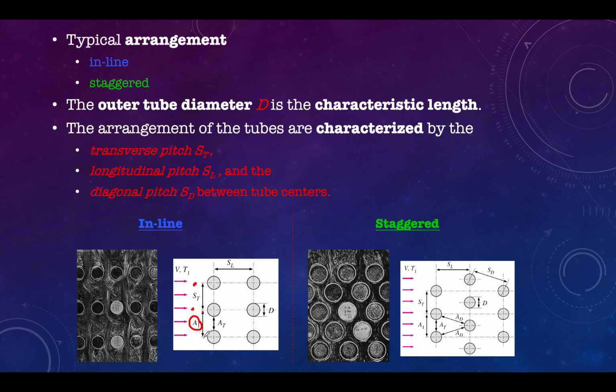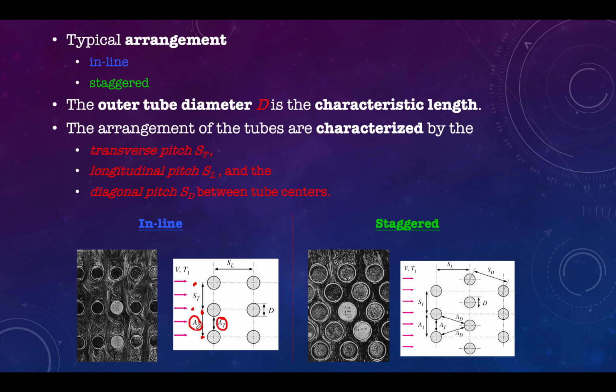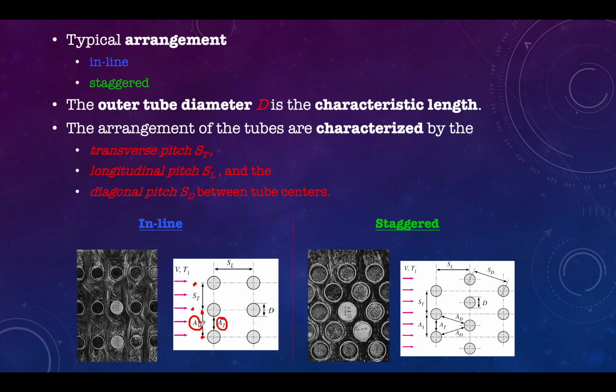As the fluid enters the tube bank, the flow area decreases, so A1 is much bigger than AT. Thus the flow velocity increases between the tubes: as it passes from A1 to AT, the area is decreasing, so the velocity increases.